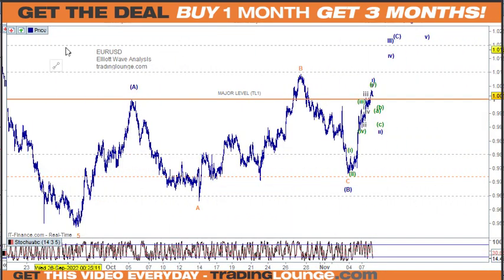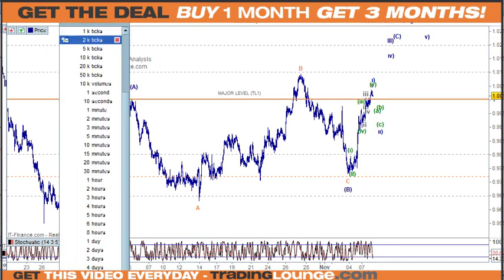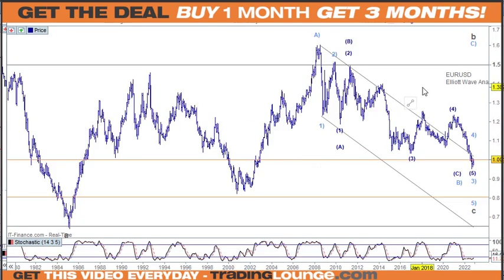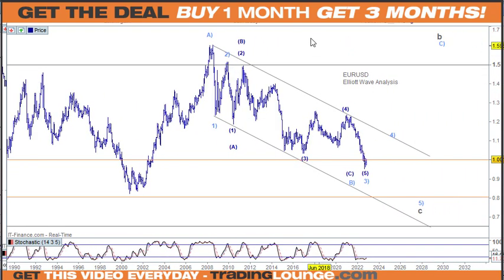The euro here, let's just go to the monthly chart. That's 2K. I'm just going to put 2K there so I know where I need to go back to in future as well.